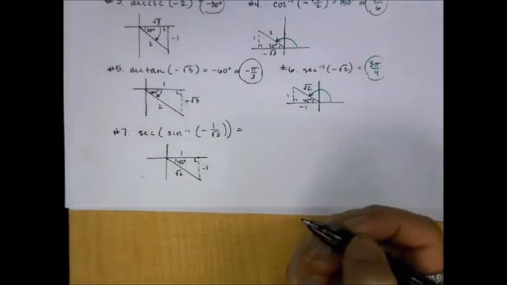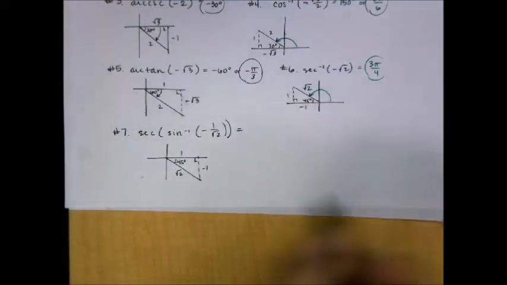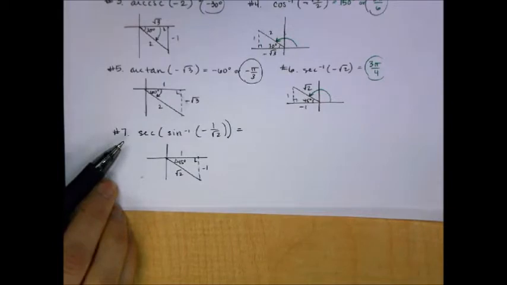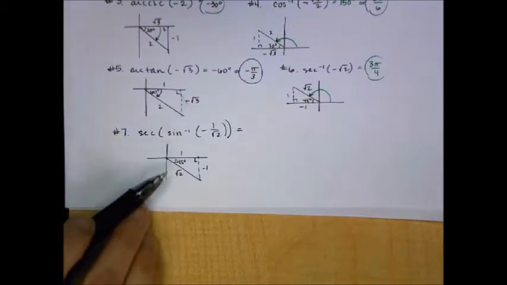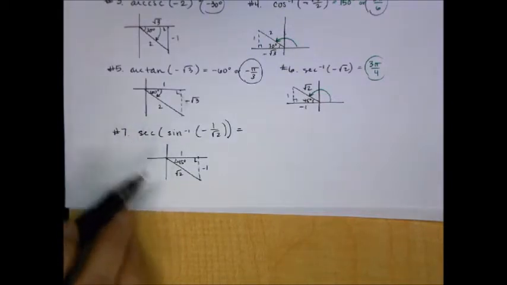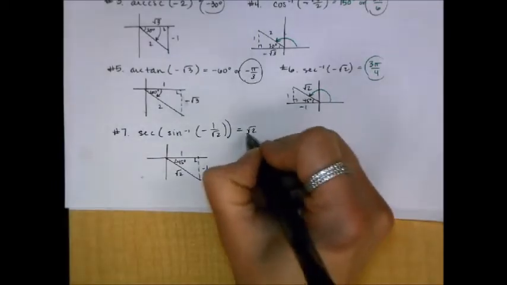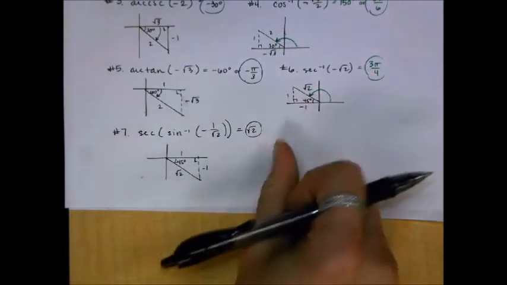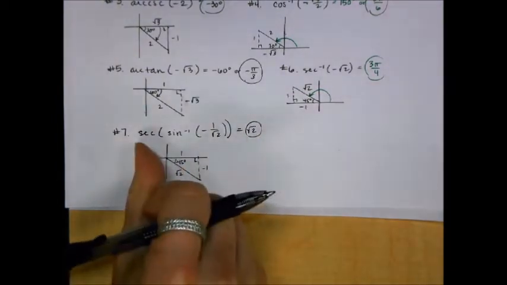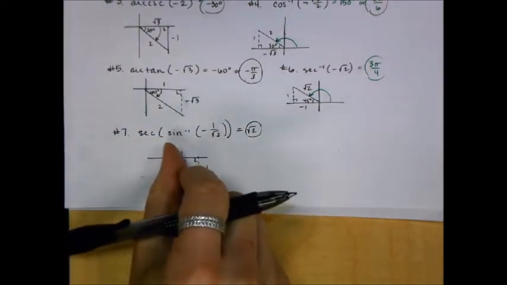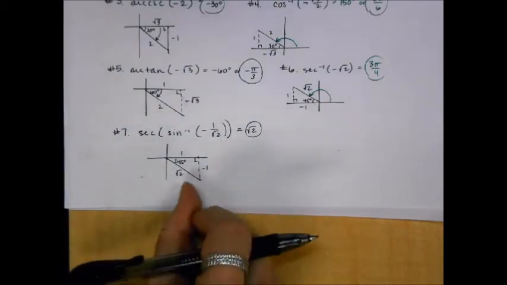Secant is the reciprocal of cosine here. So secant is going to be root 2 over 1. You'll notice it's positive because I'm evaluating secant of some angle that exists in quadrant 4. And in quadrant 4, secant is positive.